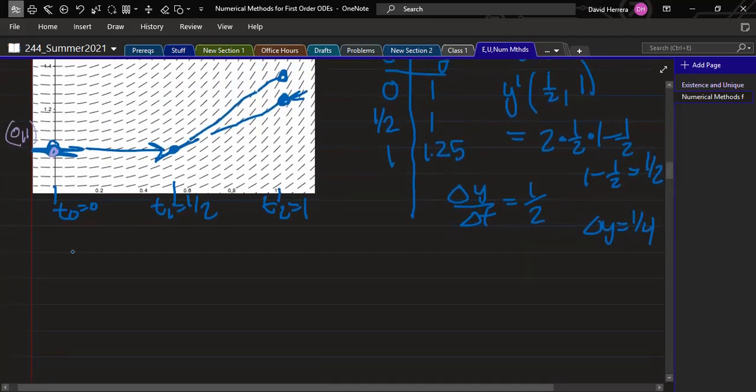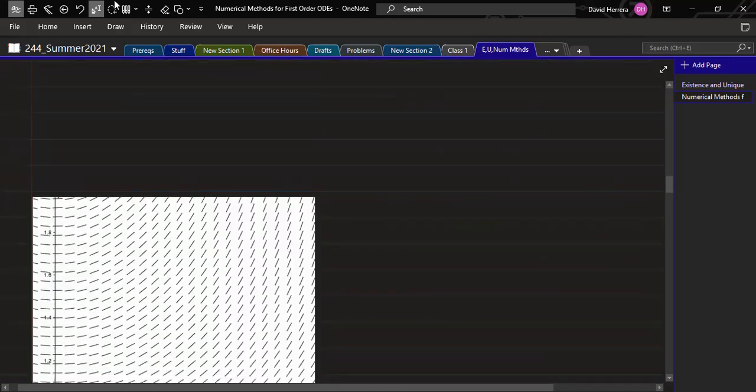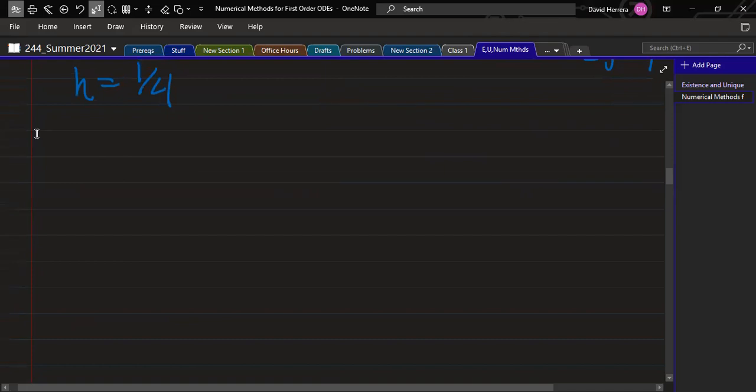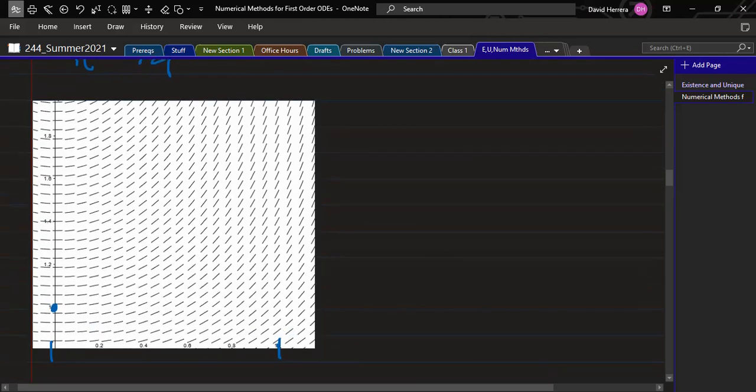So let's do that. Say the step size is going to be 1/4. The picture for that is going to look a little different. So let's go down. Step size of 1/4. Here's 1, here's 0, here's our starting point. I break this up into 4 pieces, so the difference is 1/4.